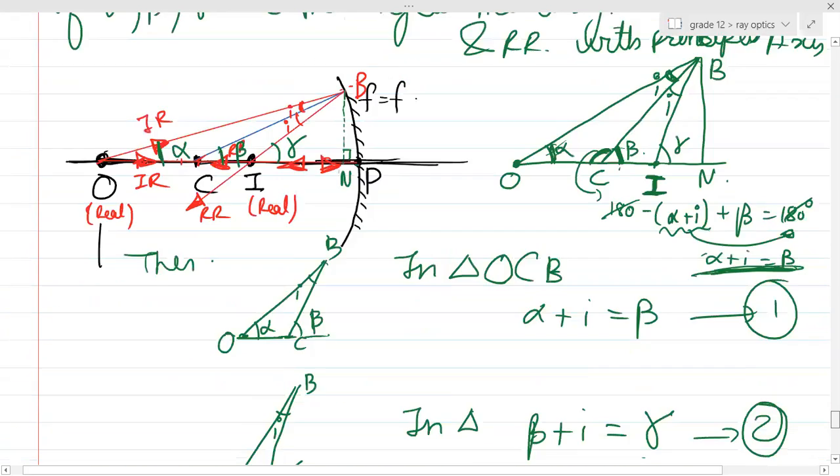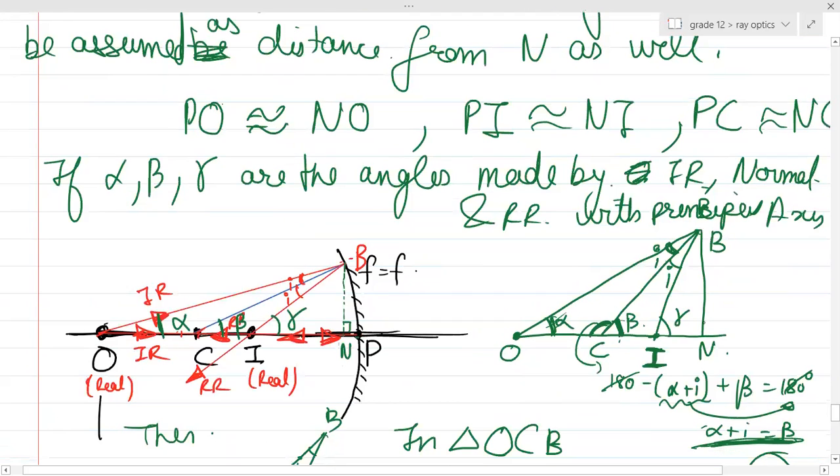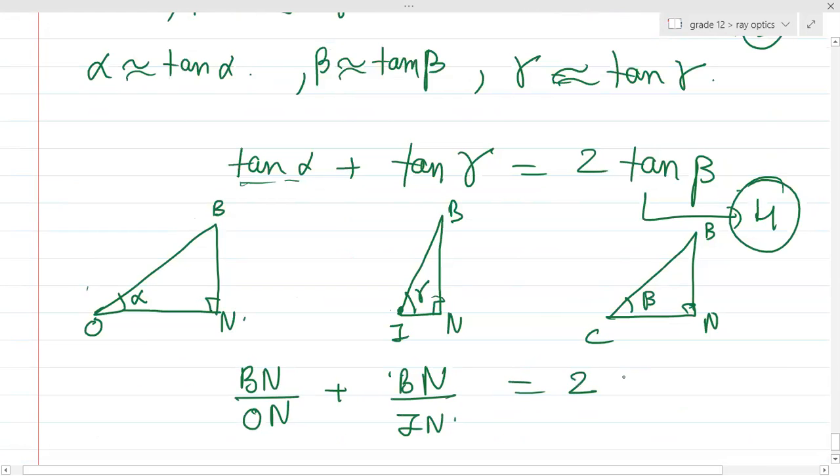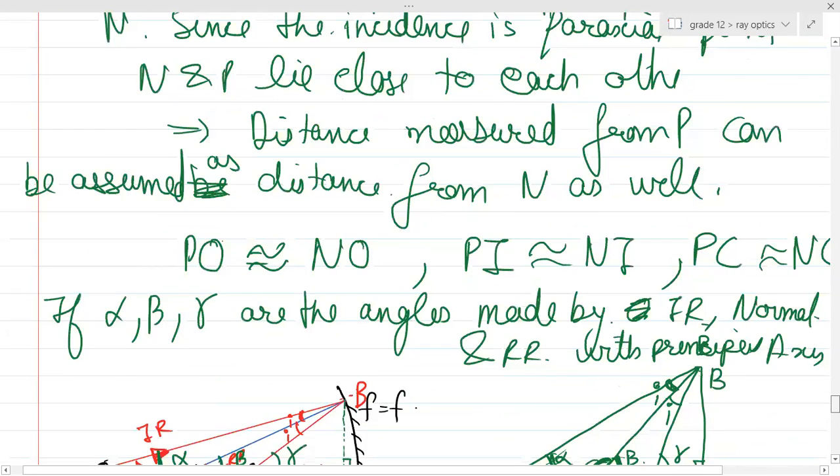This angle was alpha, this angle was gamma, and this angle was beta. So from here, can you say tan alpha is basically BN divided by ON, plus BN divided by IN, and this is twice of BN divided by CN. Yes or no?